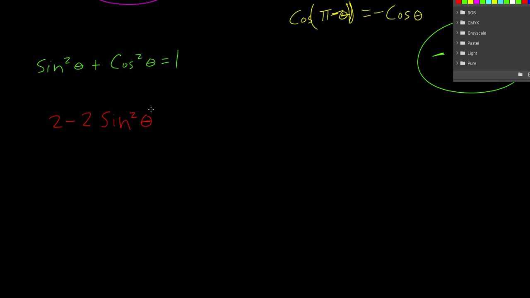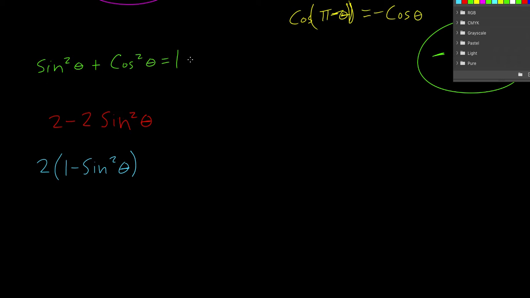And so what we're going to do is factor out first. So we have a 2 here, a 2 here. We're left with 1 minus sine squared theta.